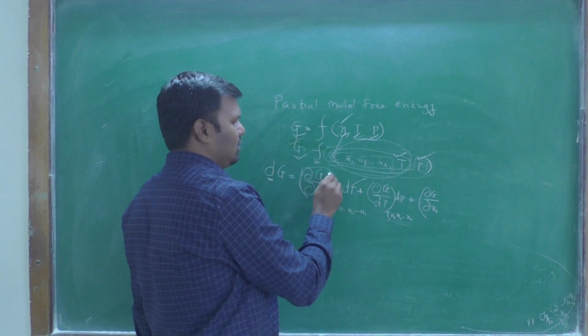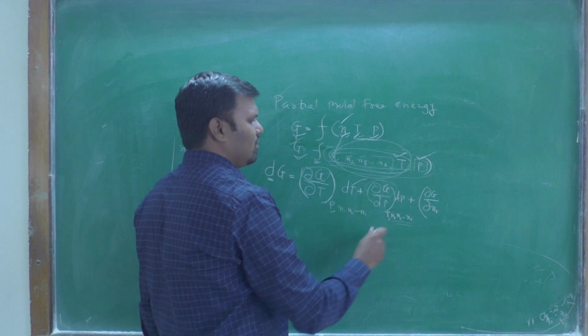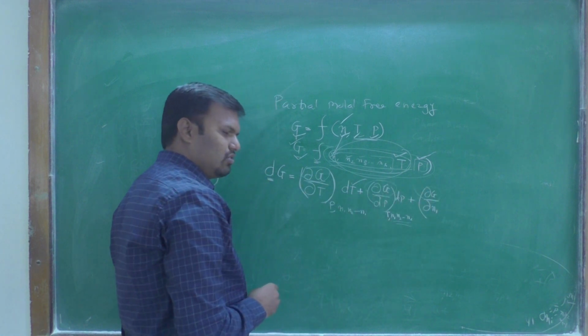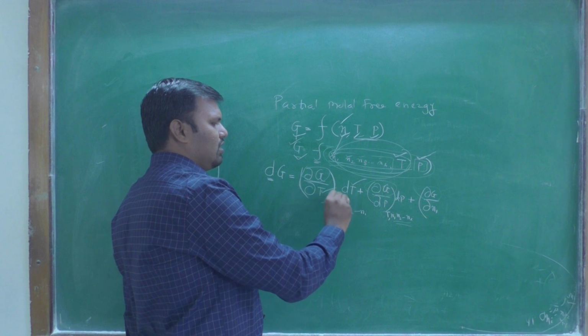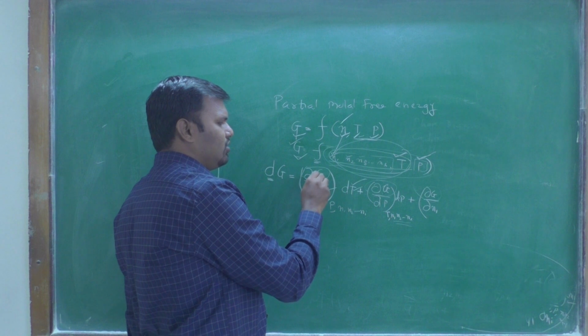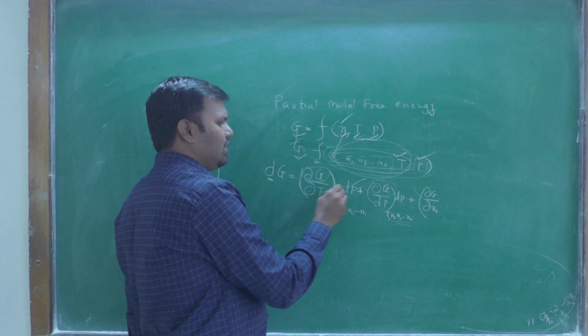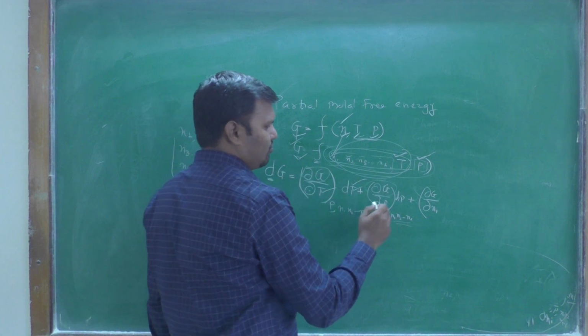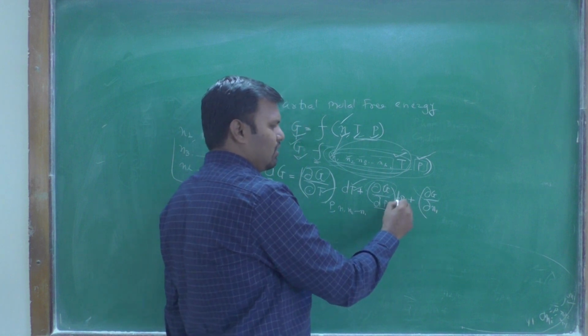Therefore, in del G the quantity at the bottom is kept constant, and the quantity that changes is written here and here. Del T and dT are common, and dG is common. If you change the pressure, del G del P dP.